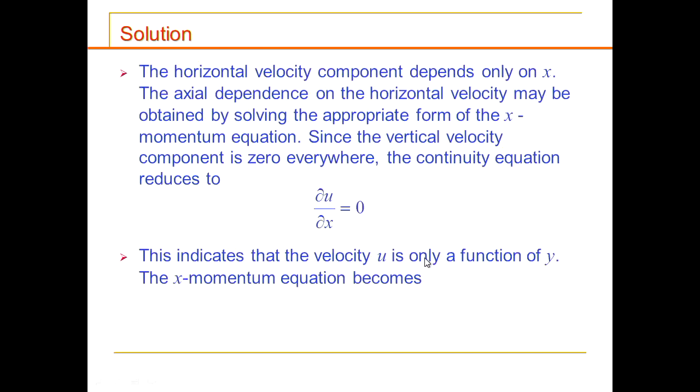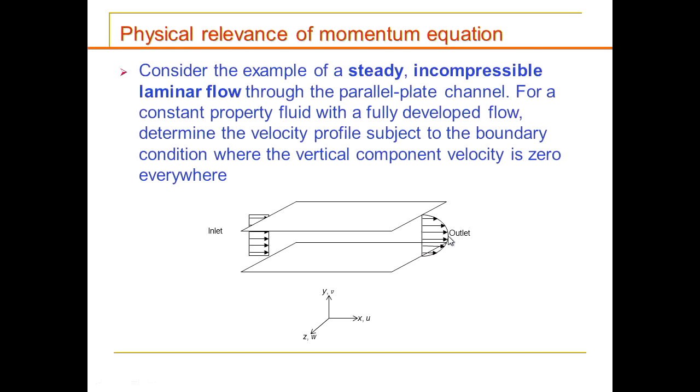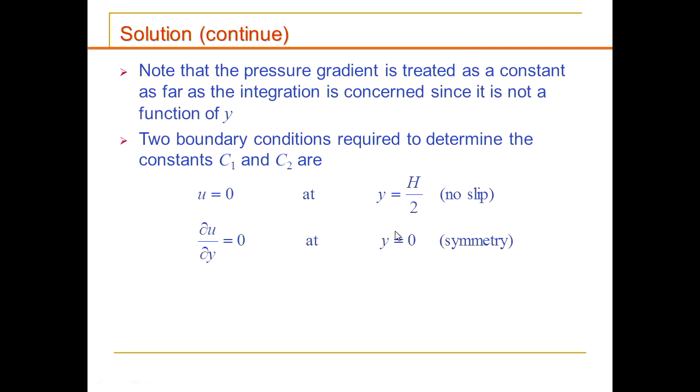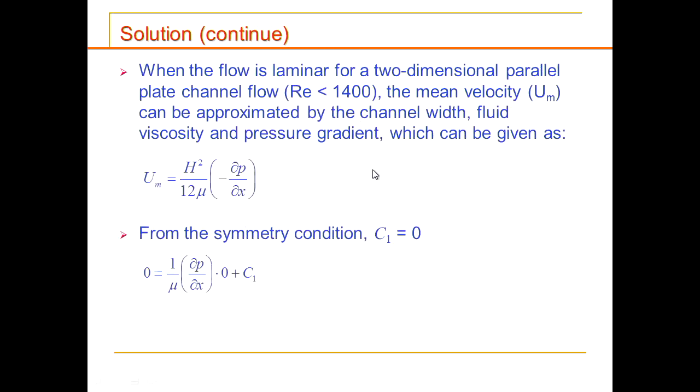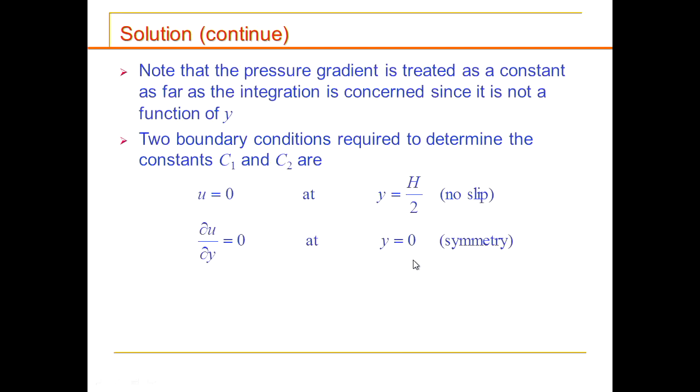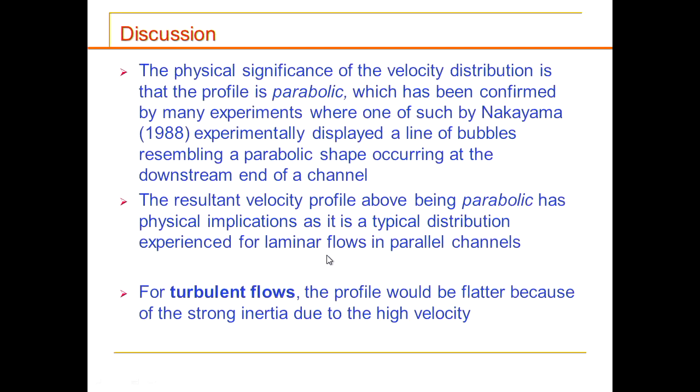And as I mentioned, there's only one point where your velocity gradient doesn't change, which is at the middle of your channel. So when y is at 0, which is the origin, then partial u by partial y equals 0. You apply these two boundary conditions into this equation. You have two boundary conditions, two unknowns. You can obtain C1 and C2.